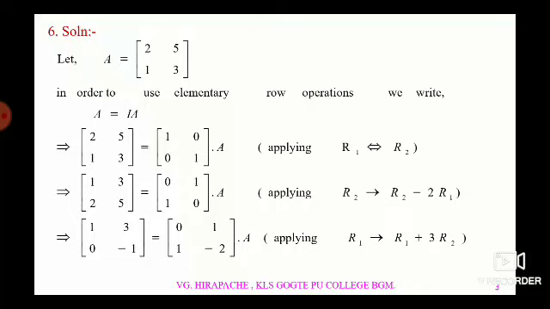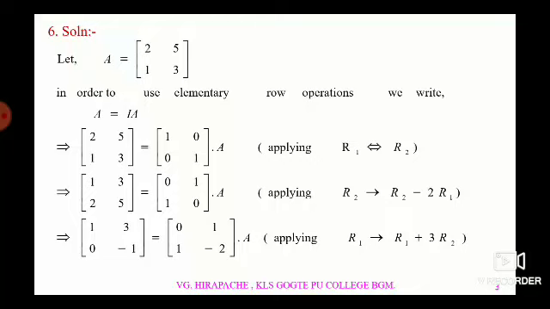Since the R2 in the right hand side is 1, minus 2 times the corresponding element of the first row is 0. Therefore, 1 minus 2 zeros are 0, that gives 1. Similarly, 0 minus 2 times 1 gives 0 minus 2, that gives in the second row second element minus 2 into matrix A.